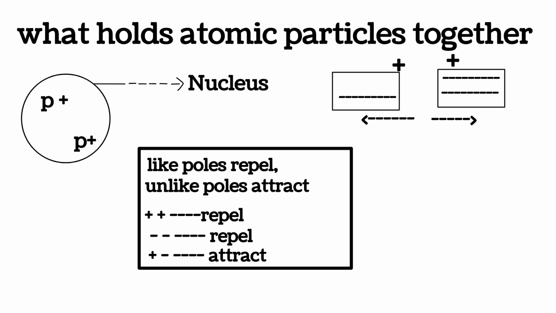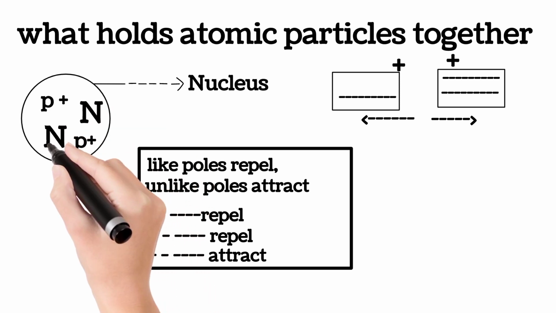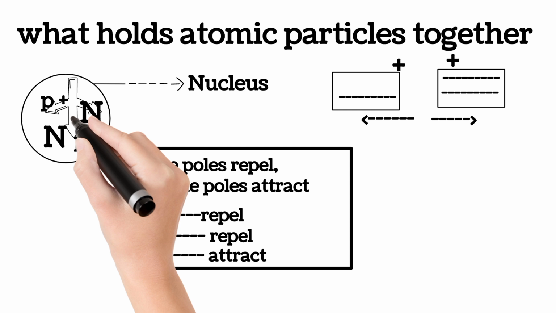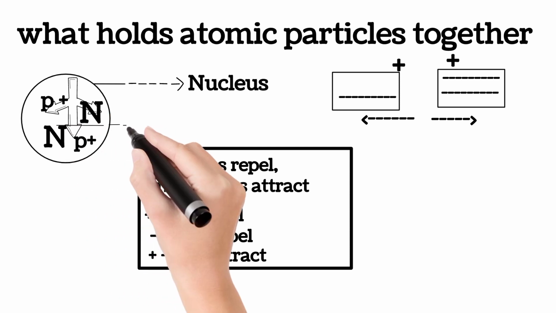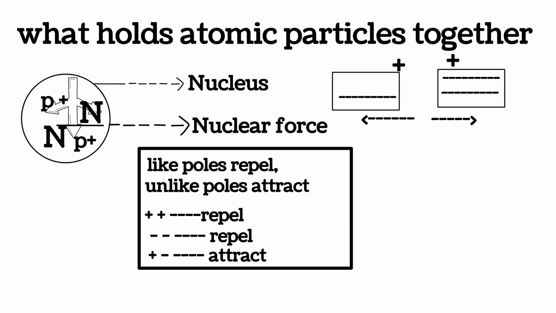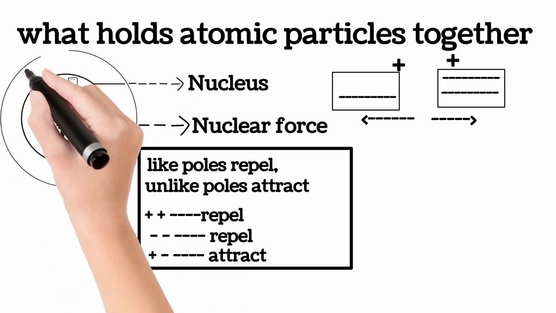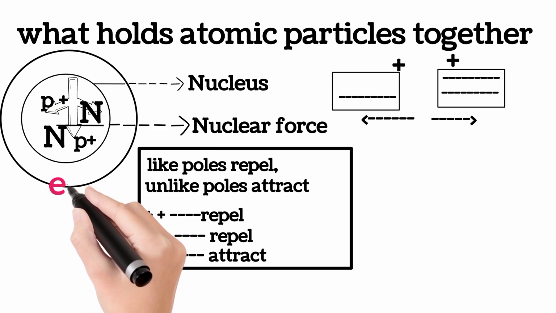So which force holds them together? It is a thing that we need to understand. Now the neutron acts like a shield, but actually the force that holds this repulsion together is called the strong nuclear force. It is the force that holds the subatomic particles in the nucleus together, the neutrons and the protons, and binds them together. That is the force.